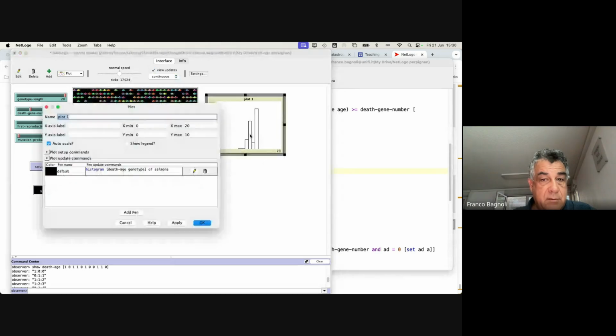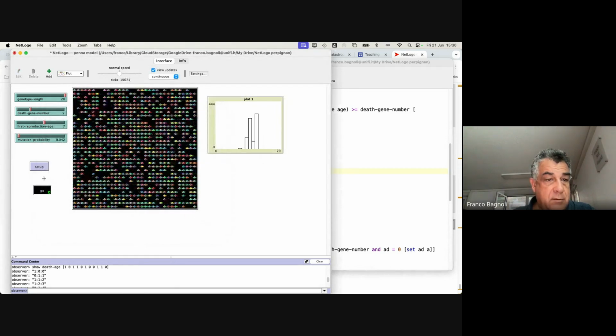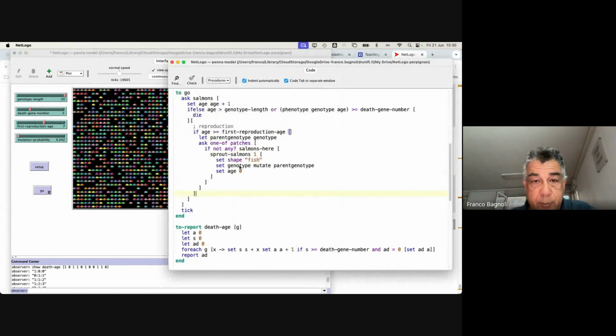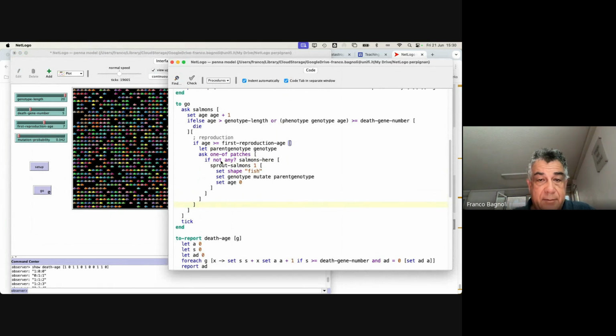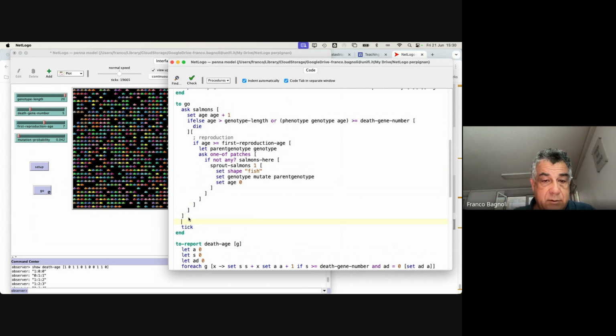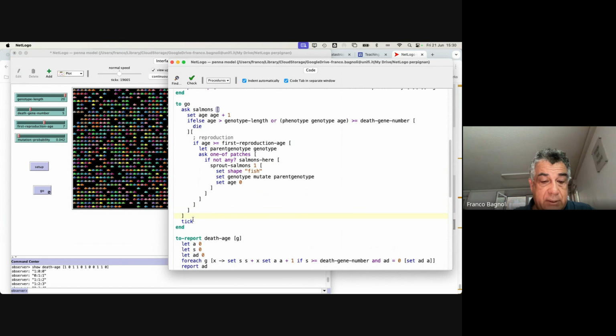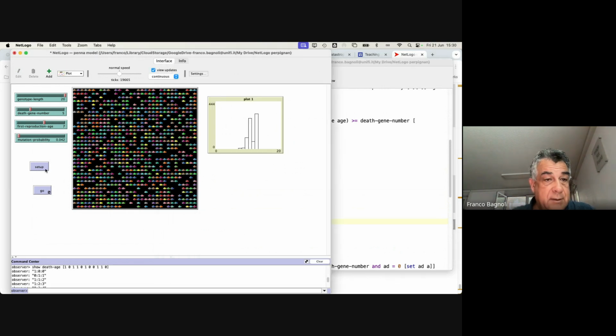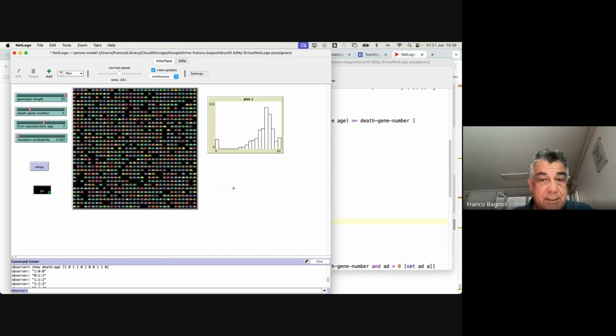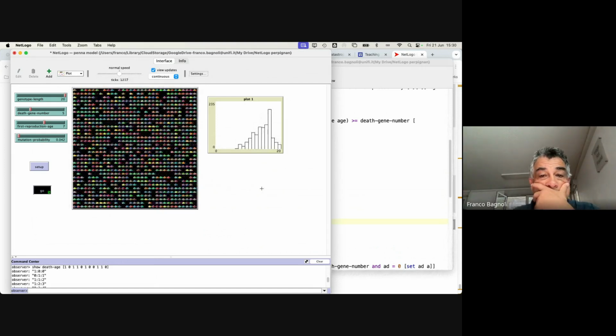No. To put this in some. So first of all, they reproduce. Ask salmons. It should be the same because it is executed when you have the tick, but we can put this here. It should be exactly the same. Actually, not really.